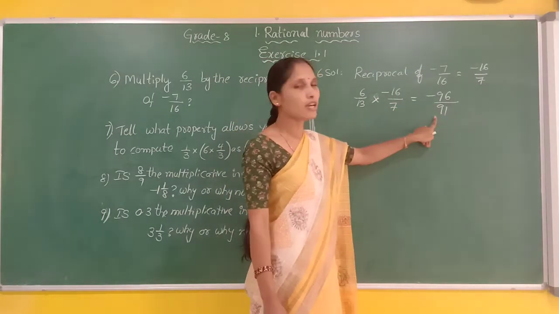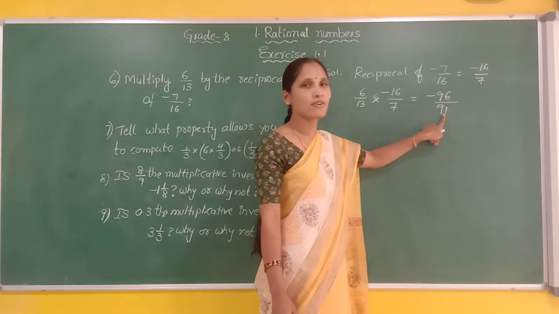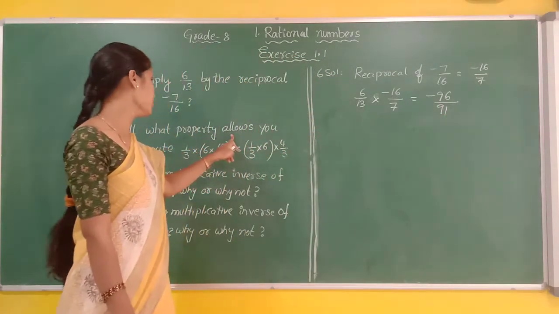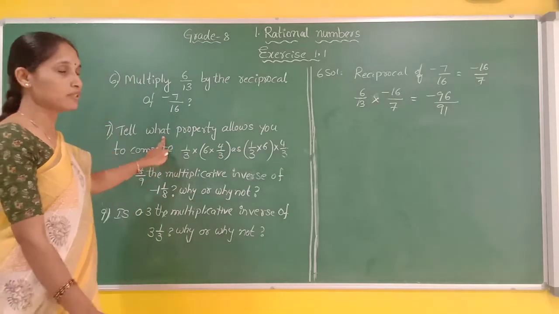So the product is equal to minus 96 by 91. This is the answer. Let's move on to another problem, that is the 7th one.